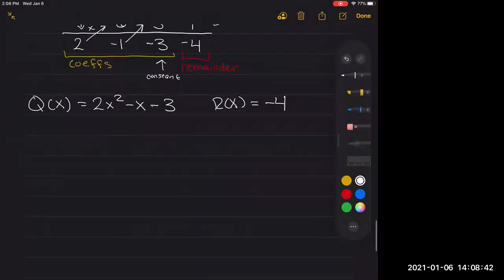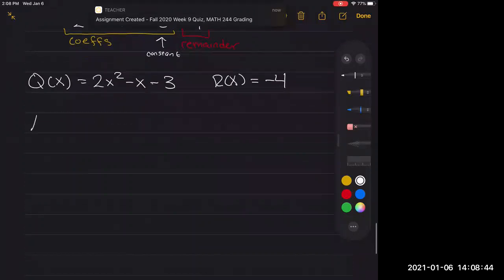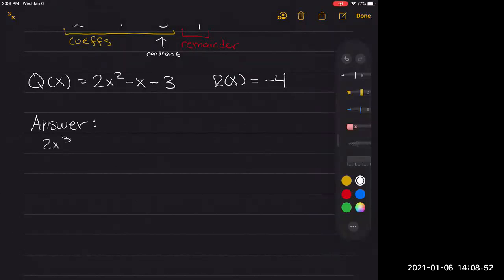So when we write out our answer, we have 2x cubed minus 7x squared plus 5 all over x minus 3 equals 2x squared minus x minus 3 plus negative 4 over x minus 3.